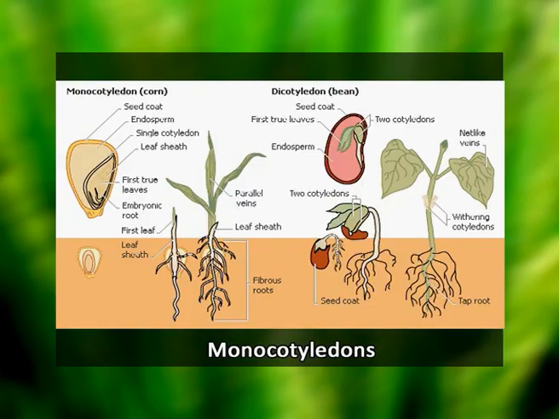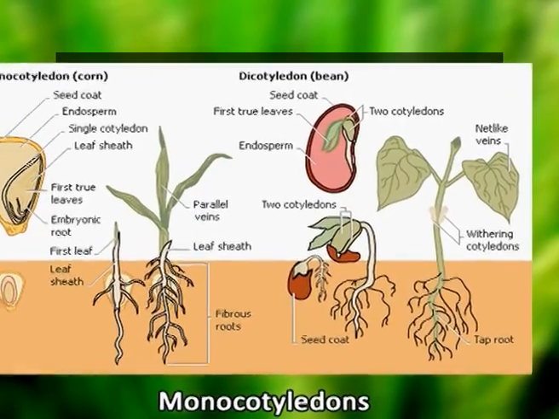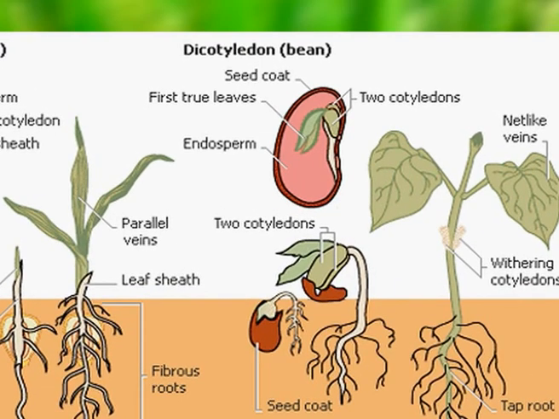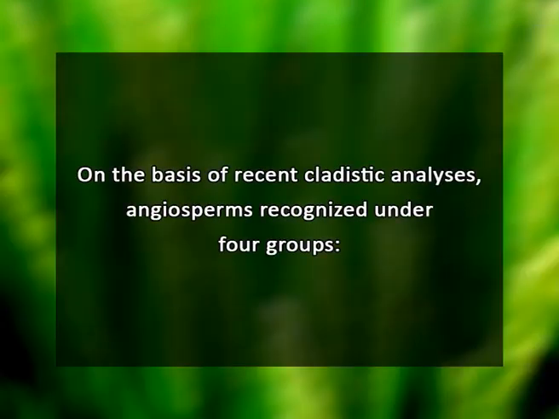However, such a separation nowadays is believed to be arbitrary, and it is no longer accepted as per the principle of monophyly. For instance, the possession of two cotyledons in the traditionally delimited dicotyledons is now considered to be an ancestral feature called plesiomorphy and therefore paraphyletic. On the basis of recent cladistic analysis, the angiosperms are now recognized under 4 groups, not the erstwhile 2 groups, Monocotyledons and Dicotyledons, but 4 different groups.